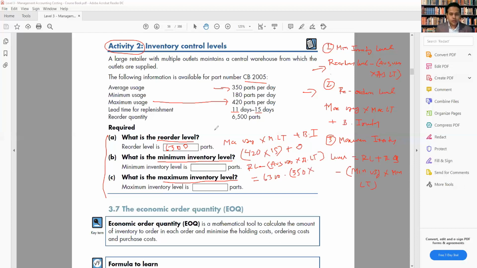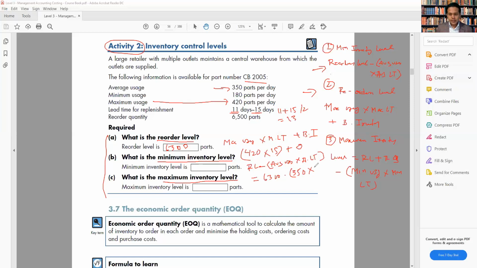So all we need to do, we need to add these two and divide by 2. We have a minimum lead time 11 and the maximum lead time is 15. So 11 plus 15 divided by 2 will give us the average lead time. Average means you add everything and divide. So that will be 13.